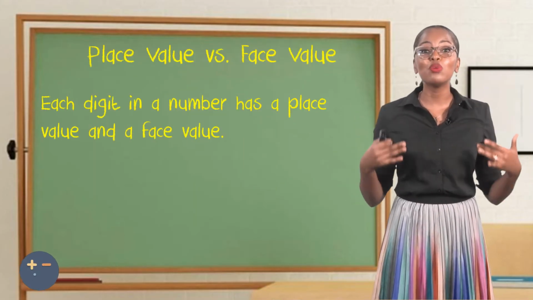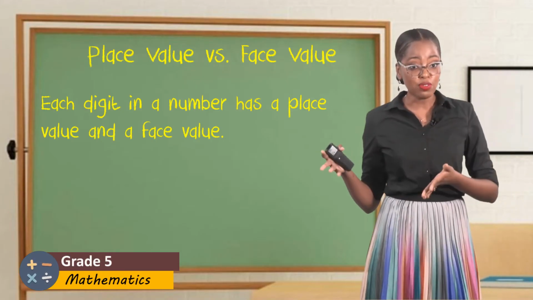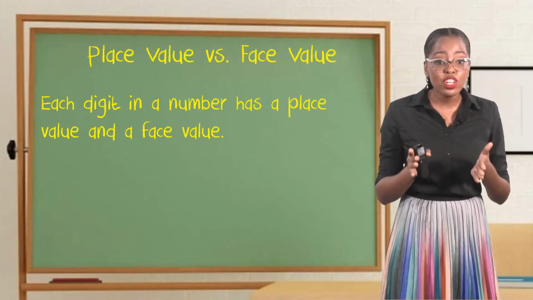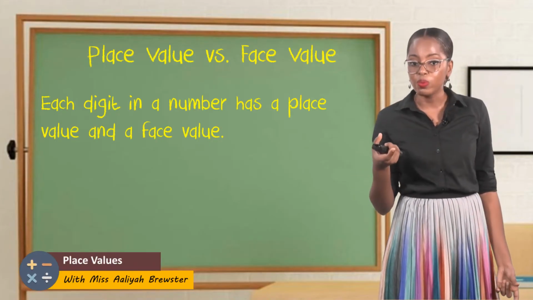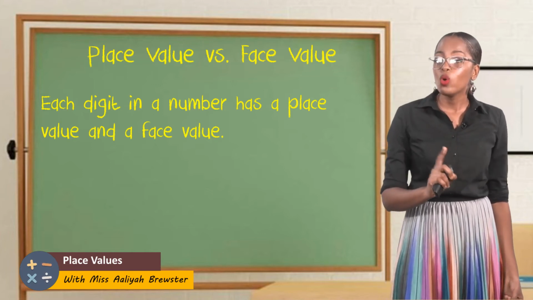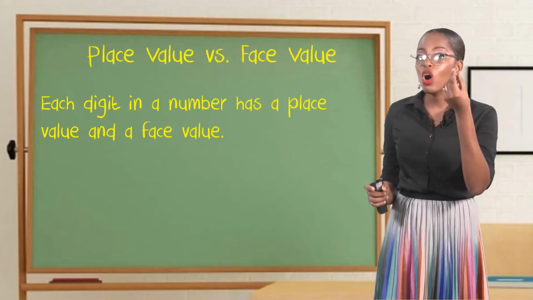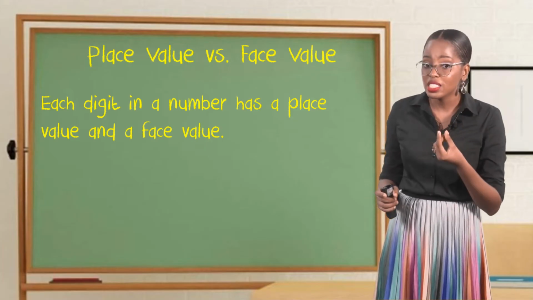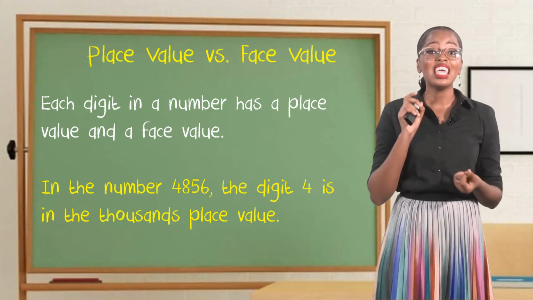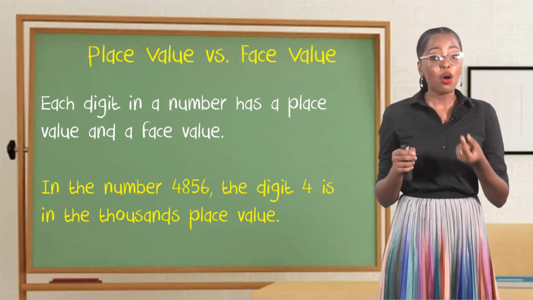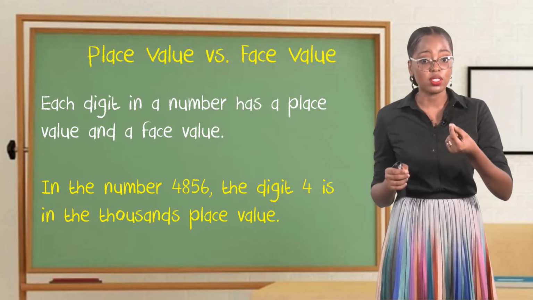Now, boys and girls, let's move on to discuss the difference between place value and face value. You see, every number has its place value and its face value. Place value would suggest the value that the number is occupying in a certain place. For example, if we look at the number 4,856, 4 there is taking up the place value of thousands.